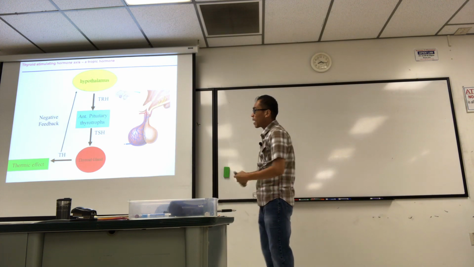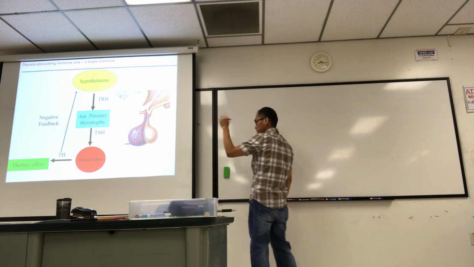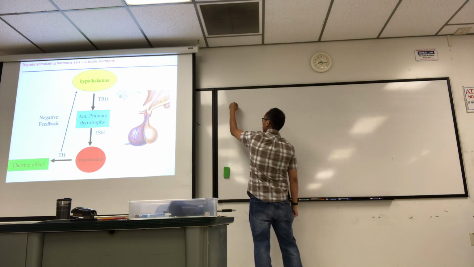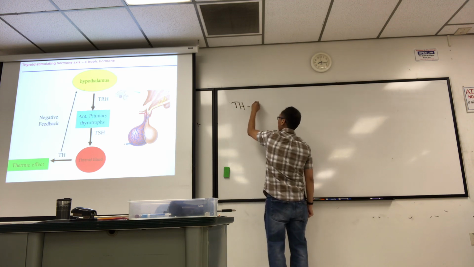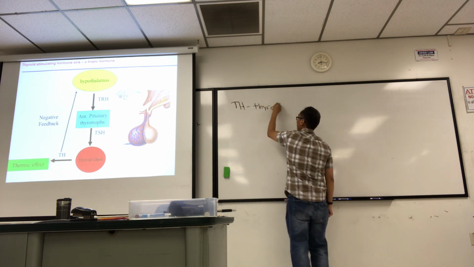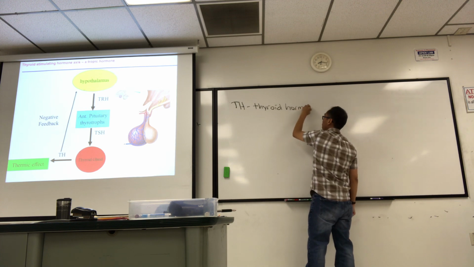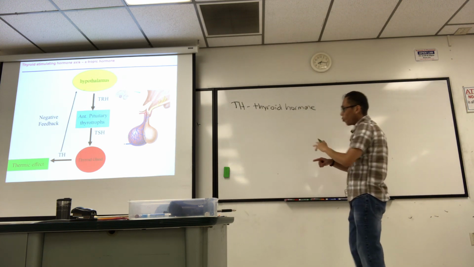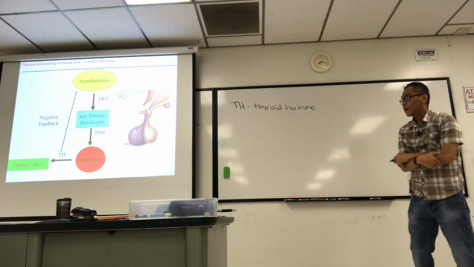Okay, this one, thyroid hormone. So it goes TRH, TSH. Let's just talk about TH, which is an abbreviation for thyroid hormone. In Friday's lecture, I have a whole spiel on thyroid hormone.